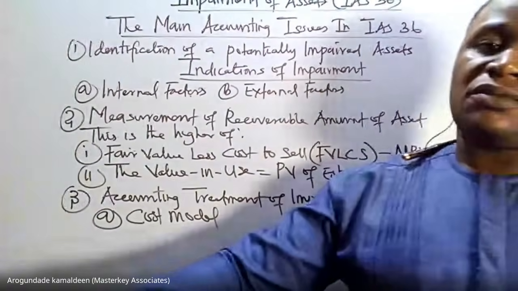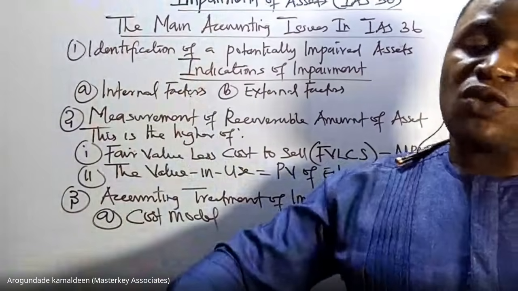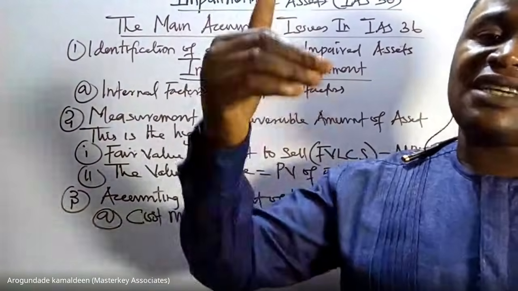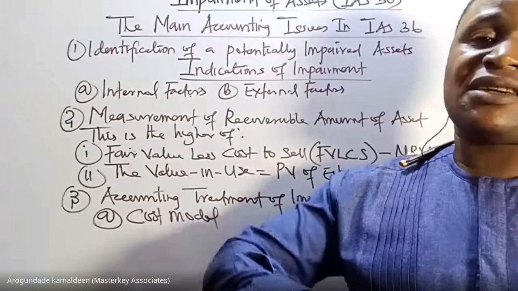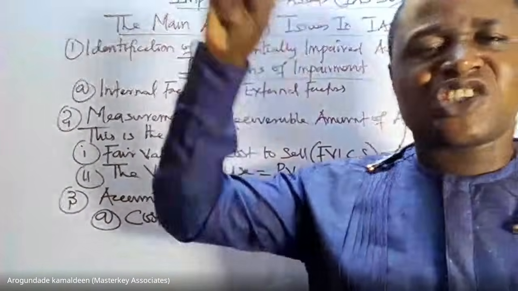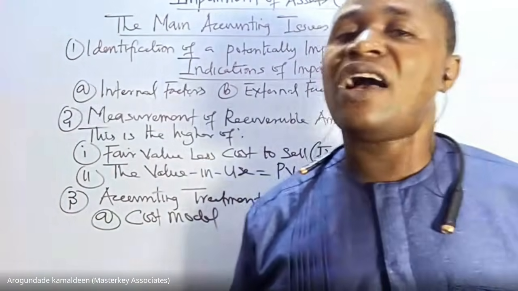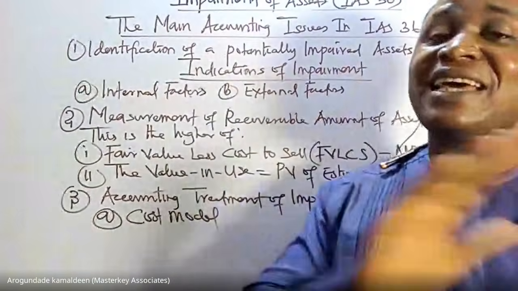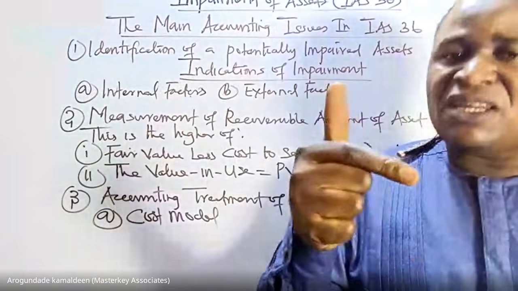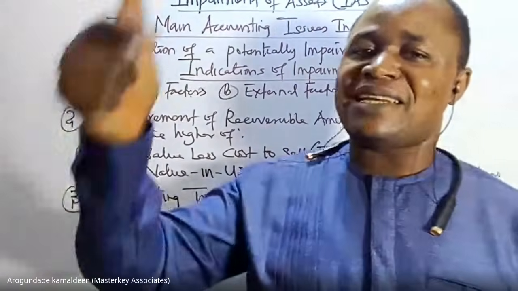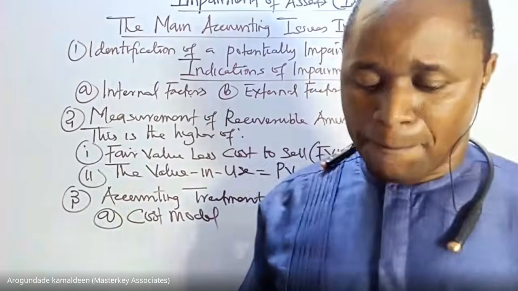You read the question and see that this entity carries this asset using the cost model, and there is an impairment. That impairment goes straight to the P or L of that year as an expense. And the value of the same asset is also reduced by the amount of the impairment.